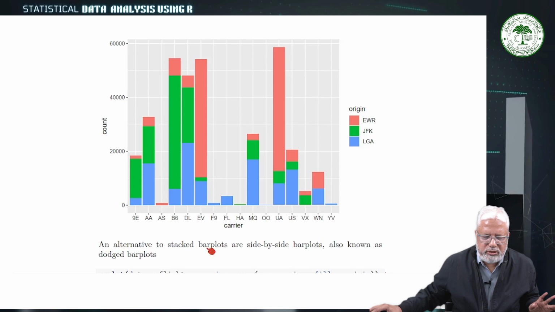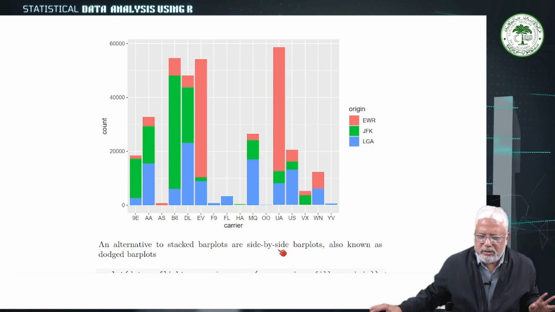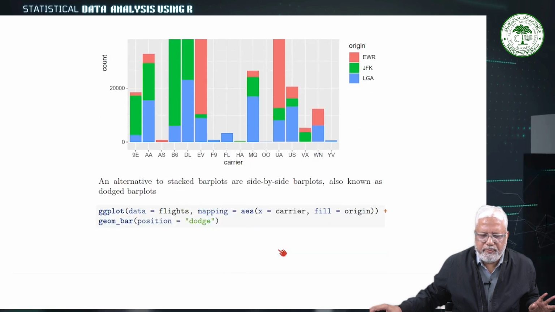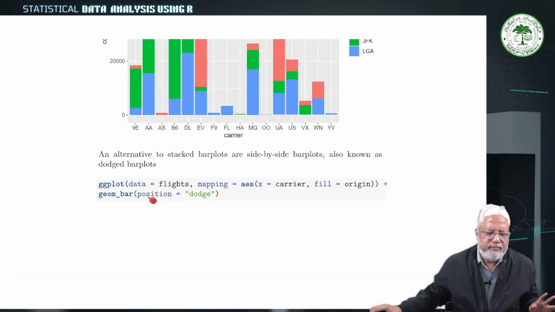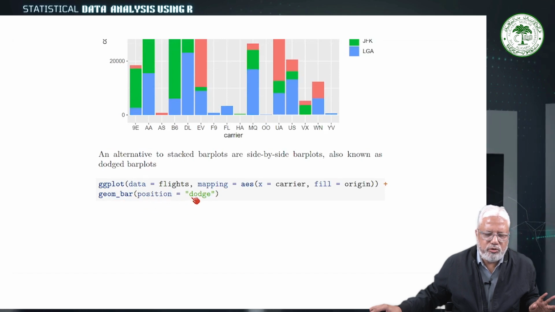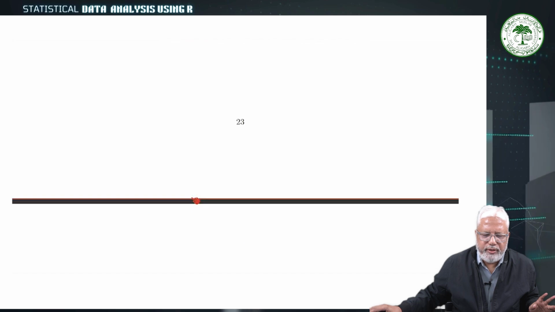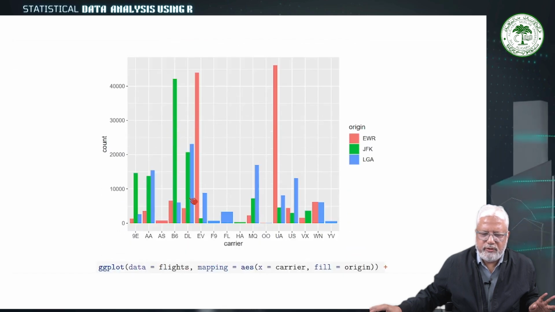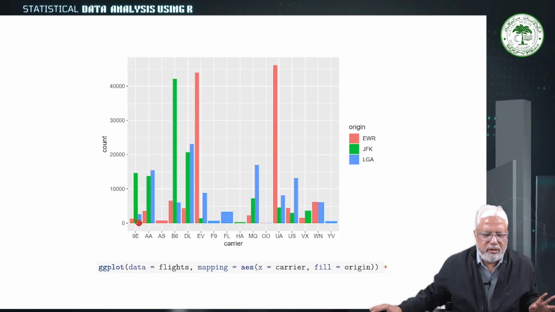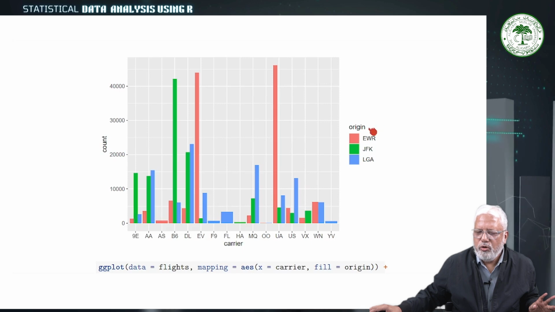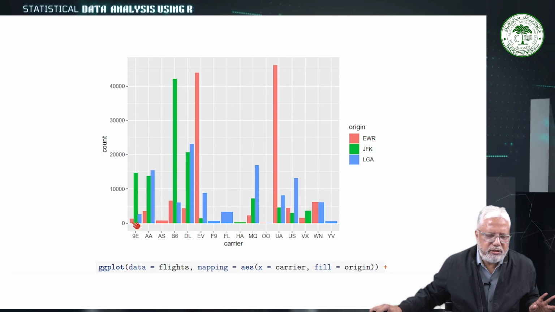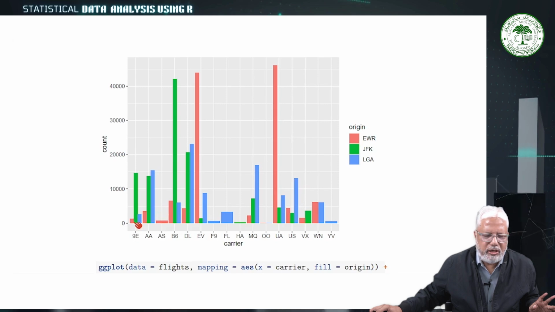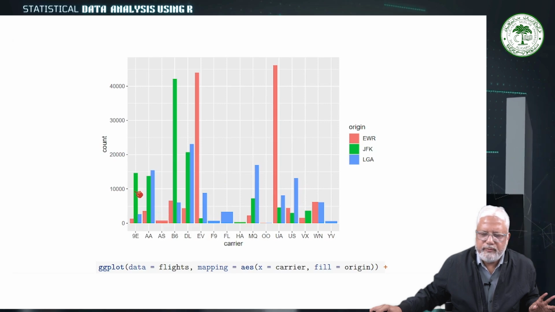An alternate to the stacked bar plot is the side by side bar plot, and that is position is equal to dodge. geom_bar position is equal to dodge. So, here it gives this position. See, for example, origin EWR flights are very few, whereas John F. Kennedy flights are much more.